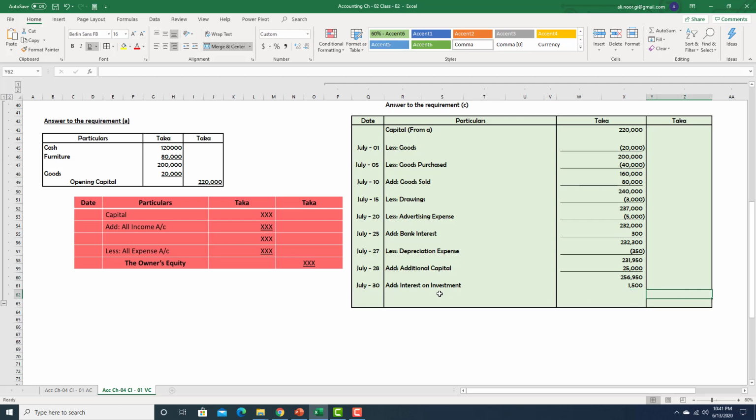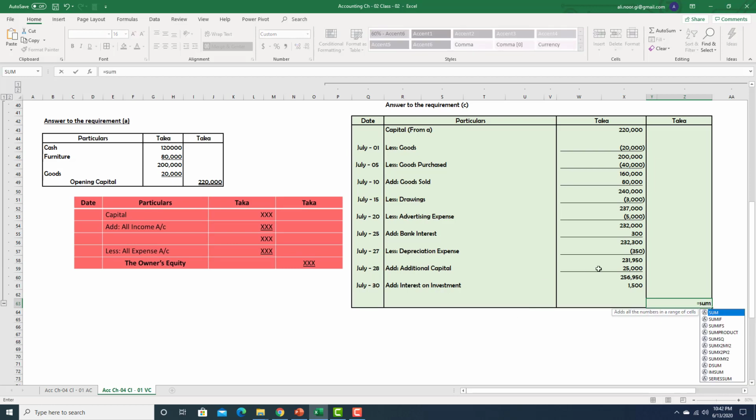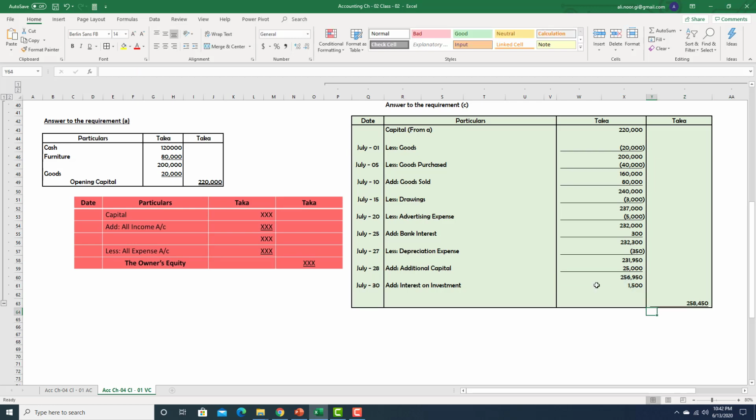So the final balance is the sum of these two, and the final balance is 2,58,450, and we can write here total owner's equity.